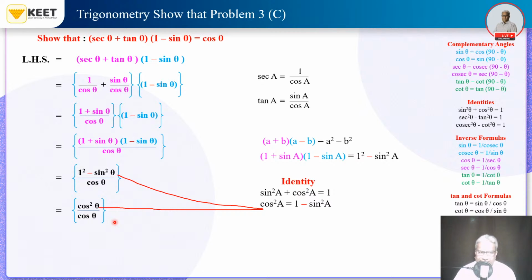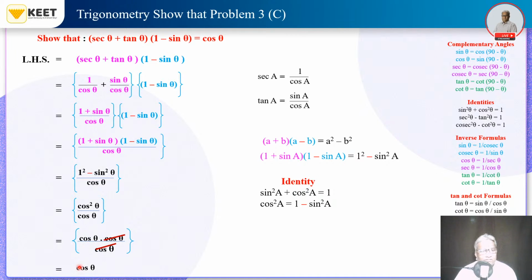Denominator kept as it is. So your step will be cos theta into cos theta upon cos theta. You can cancel the numerator and denominator cos theta. So what remains will be only cos theta. So those things are cancelled and the remaining is written here.